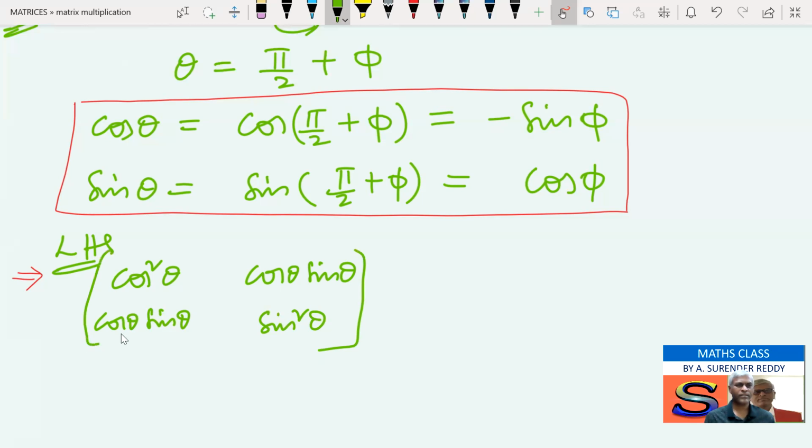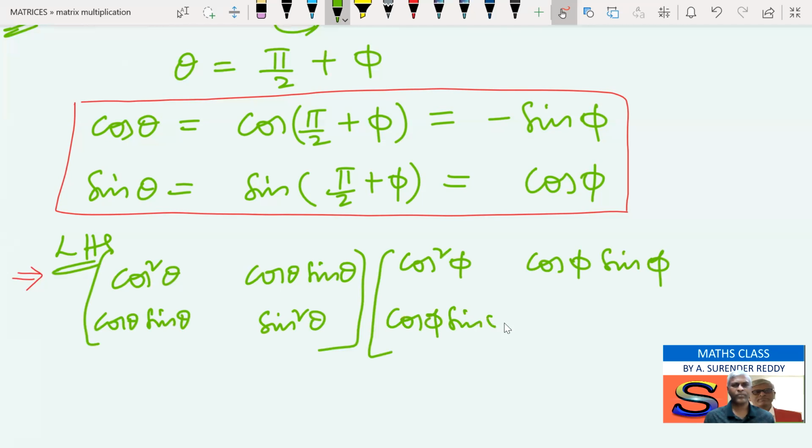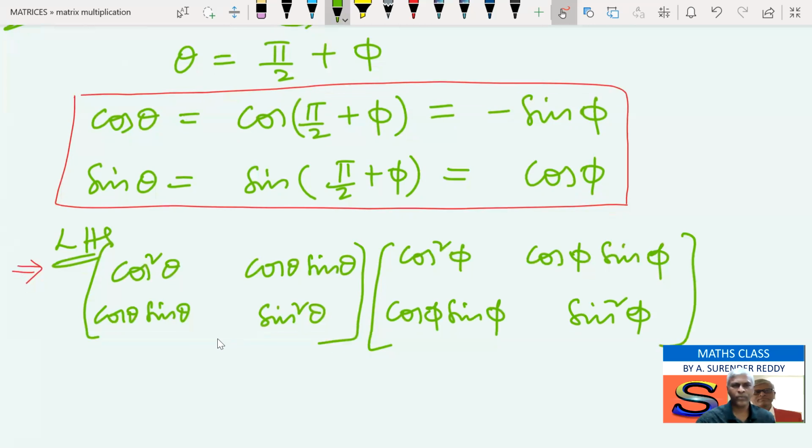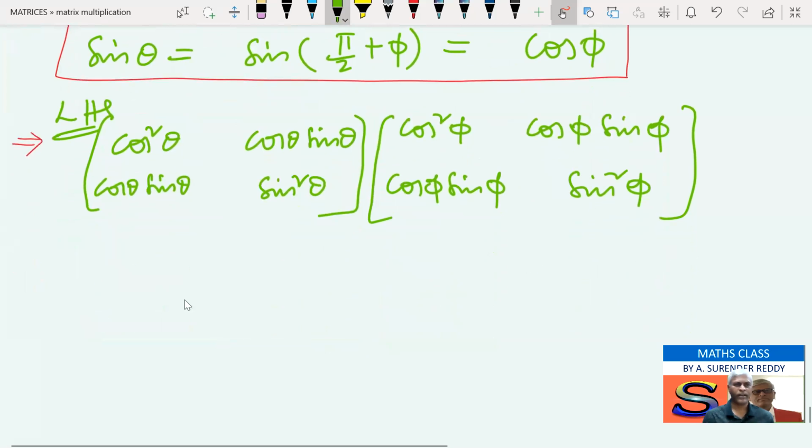This matrix into cos square pi, cos pi sin pi, cos pi sin pi, sin square pi. This is the LHS. We have to prove that this is equal to the zero matrix.